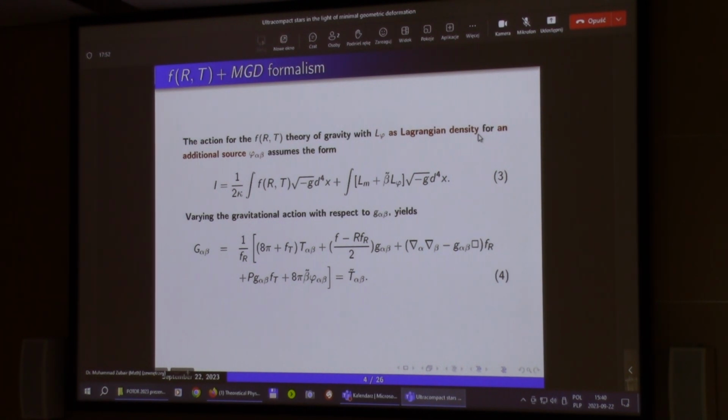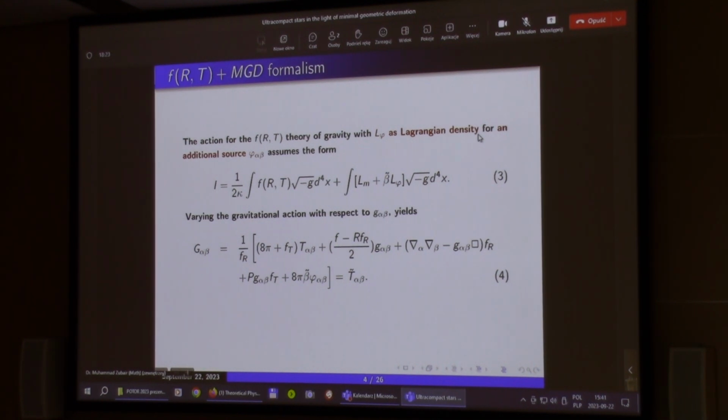If we vary this action, given in equation number 3, with respect to the metric tensor g alpha beta, one can find the field equations as given in equation number 4. You can see in equation number 4 that g alpha beta is the Einstein tensor, and the subscripts capital R and capital T represent partial derivatives. There is also the covariant derivative and the box operator.